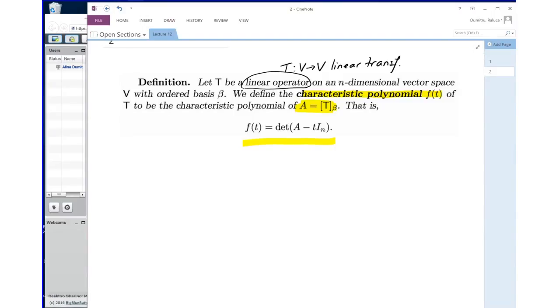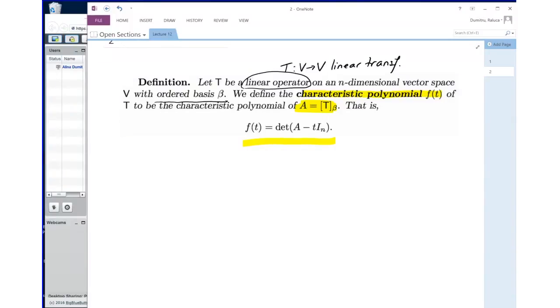Now, what matrix is that? It is the matrix of T in some basis beta. Which basis? I don't know, any basis, they say. But if the definition is calling for any kind of basis and any kind of matrix, then it makes sense to ask whether it matters which matrix and which basis we choose.